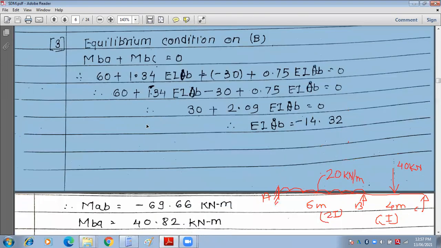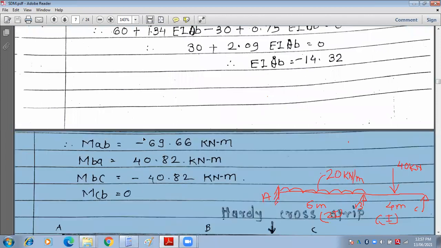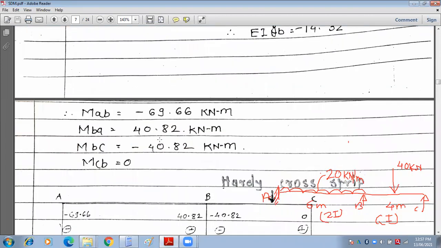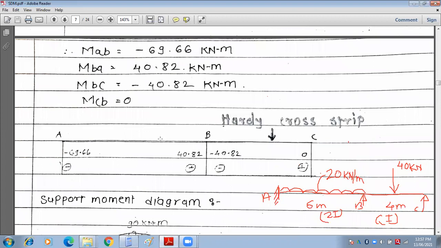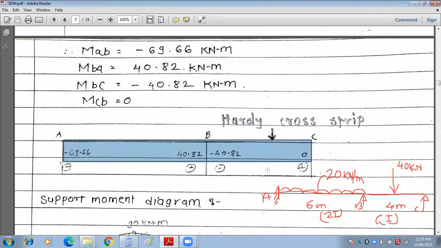Now in such a way we are finding the fixed end moment at supports A, B, C, and according to the Hardy Cross method, whatever moments we get from this solution, we have to write down as we wrote the fixed moment in the moment distribution method.